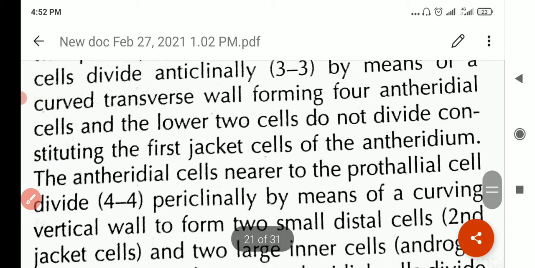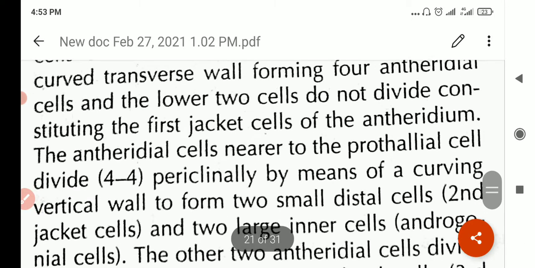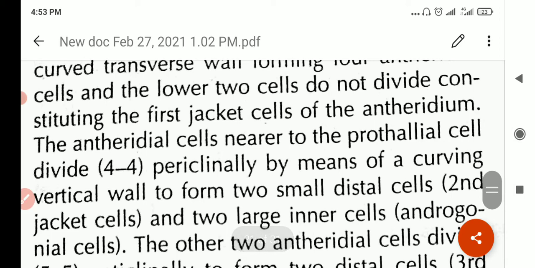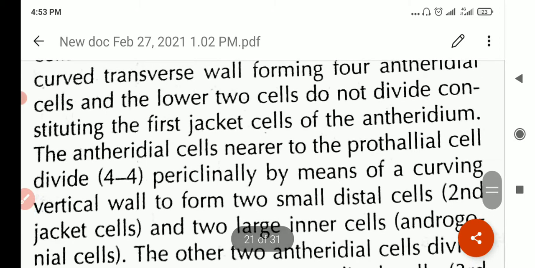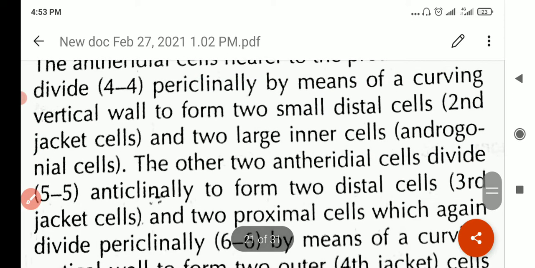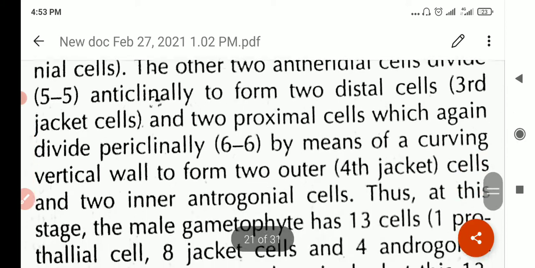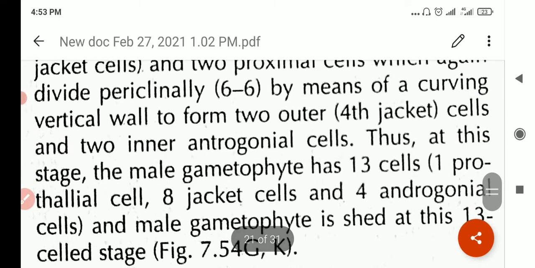So from the diagram we will get the first jacket cells of the antheridium. Then the antheridial cells near the prothallial cell will divide to form small cells and two inner cells. The other two antheridial cells will divide to form a distal cell and a proximal cell, which will again divide to form the outer or fourth jacket cells.